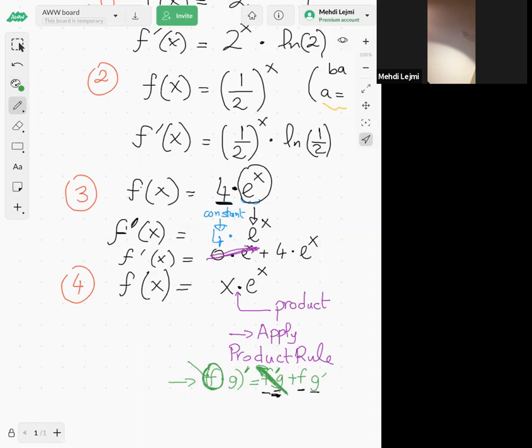So if you have a constant times a function and you compute the derivative, you keep the constant and multiply by the derivative of the function, right? That's just a consequence of the product rule. So it's the same thing.